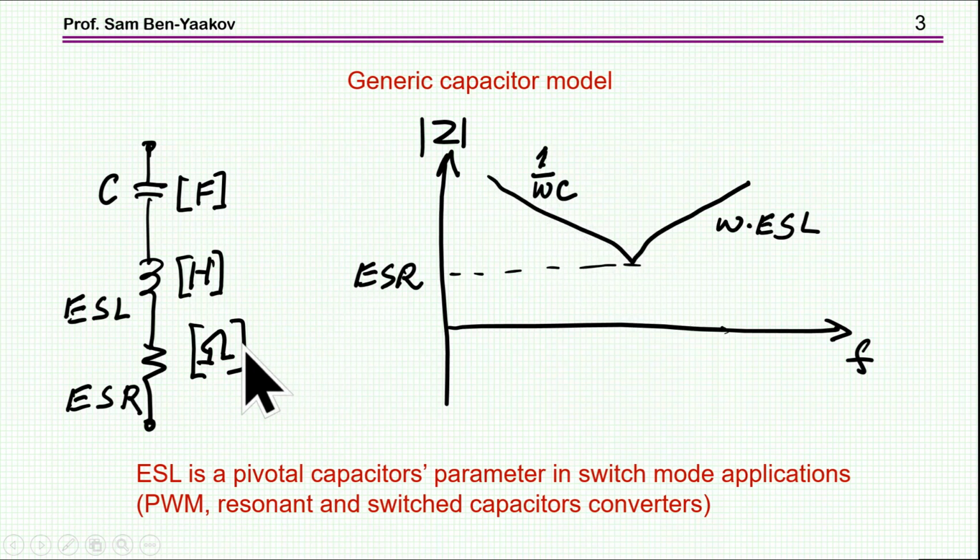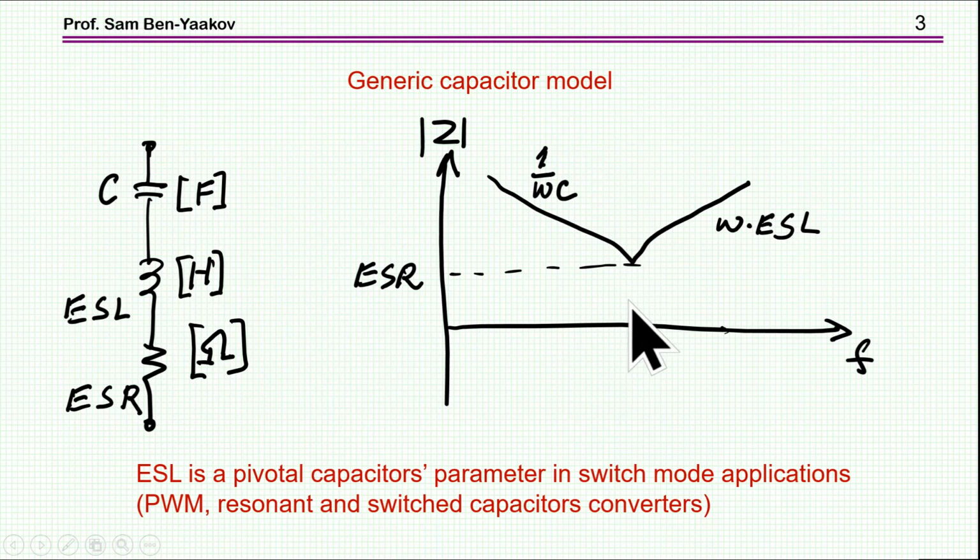At high frequency, beyond the resonant point, we see an inductive behavior because the capacitor is like a short already. And at the resonant frequency, we actually see the impedance of the ESR because the impedances of the capacitance and the inductance are sort of canceling each other. So we see here the ESR, and this is now this value at the resonant frequency.